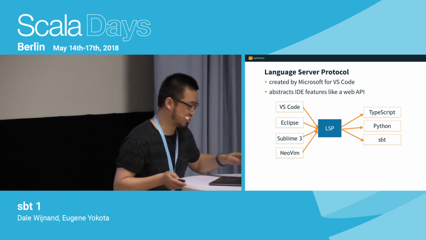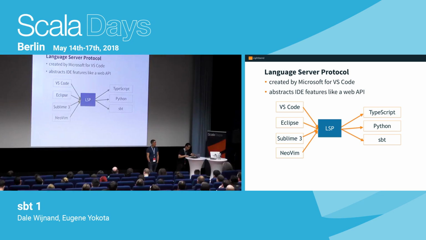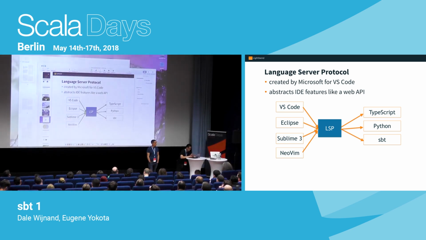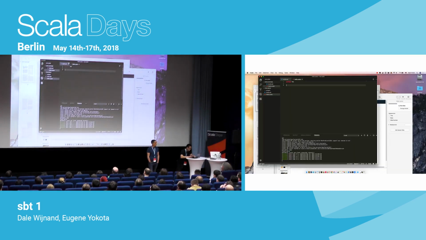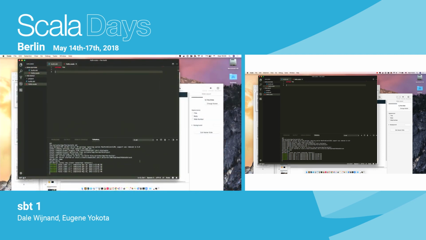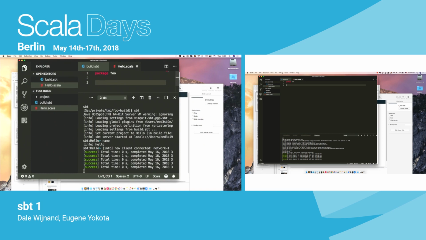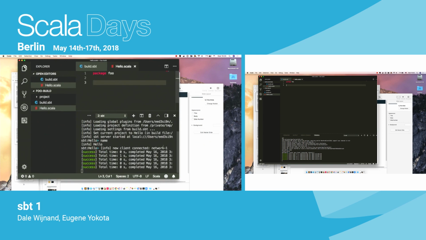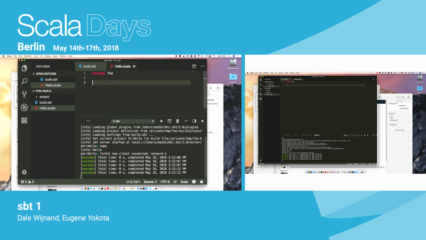I can actually show you this now, let's see if this works. Can you guys see from all the way in the back? Okay. So I opened the VS Code, and there is actually a plugin for this.